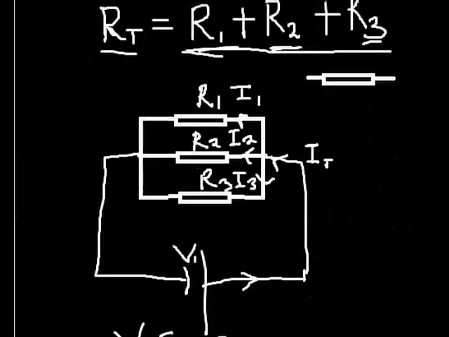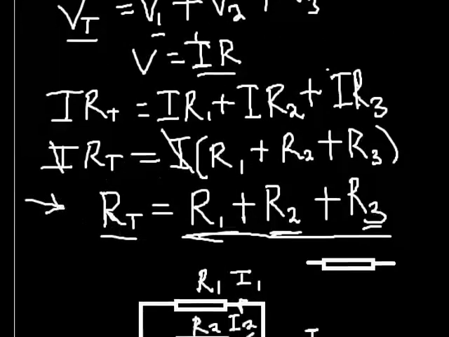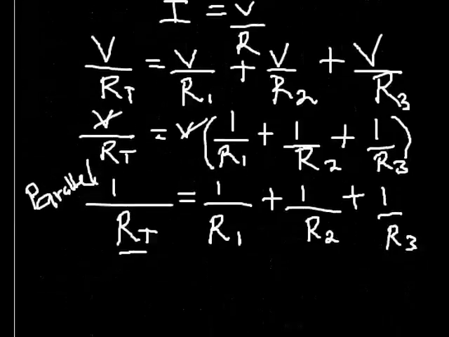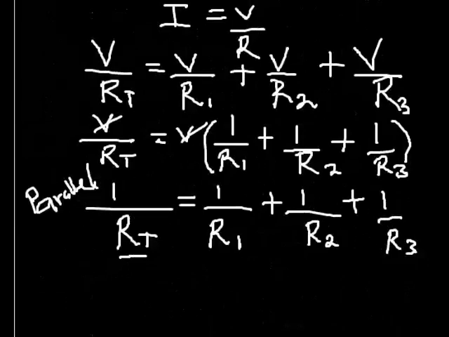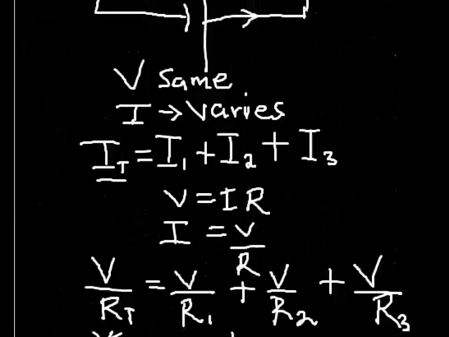Remember, capacitor is the opposite of resistor in terms of equivalent. For capacitor, the series is always in reciprocal form, while the parallel is in sum form. So just know the difference. I think we've done justice to that question there.